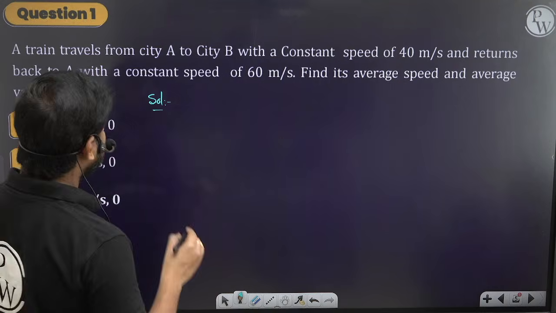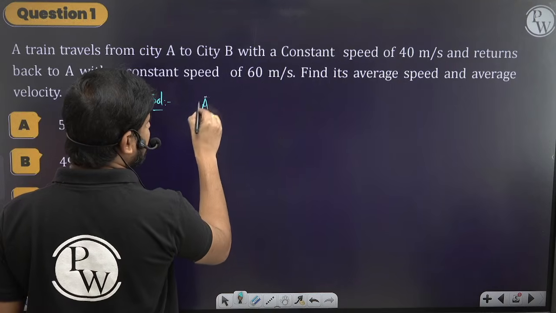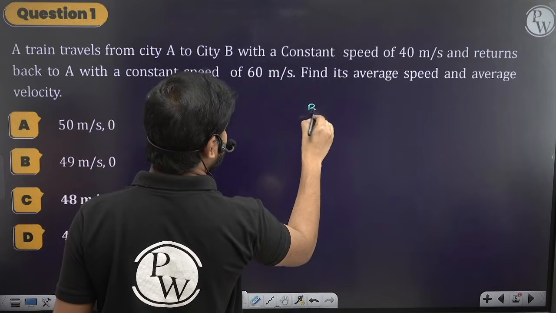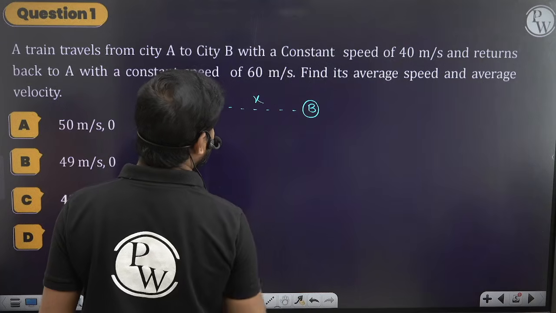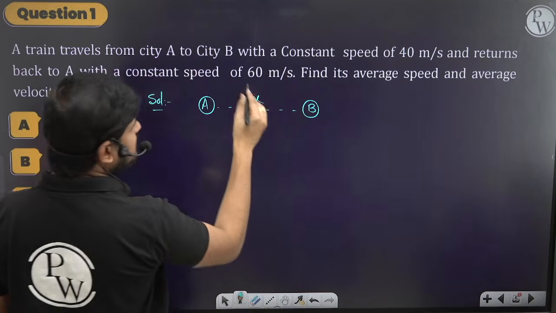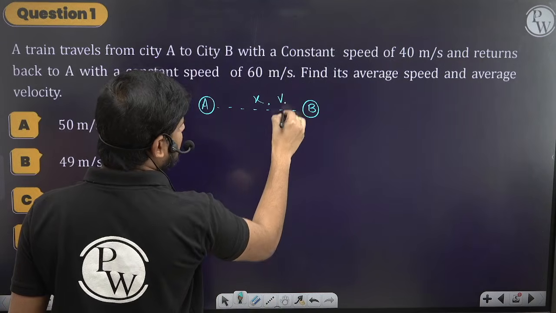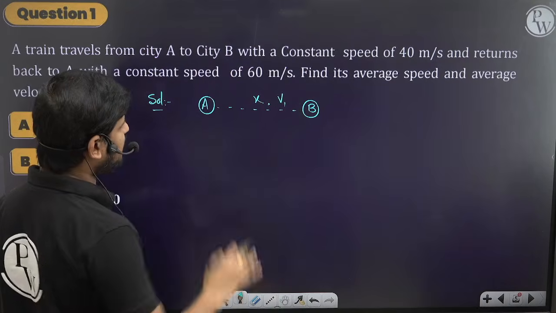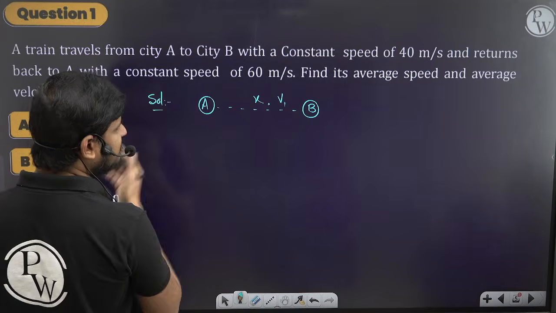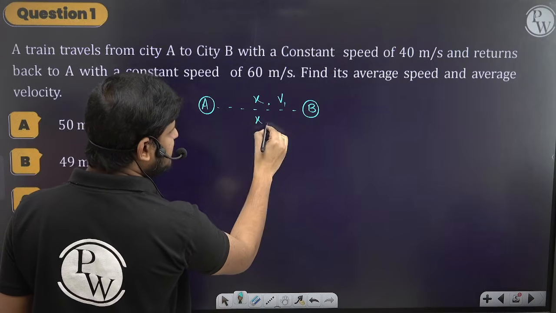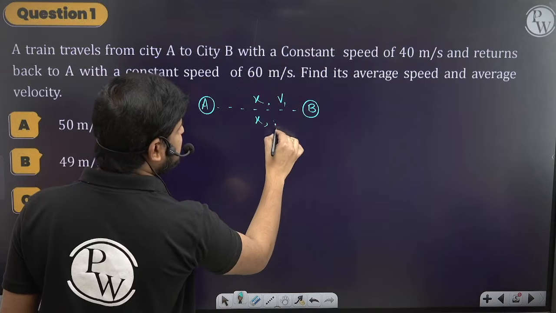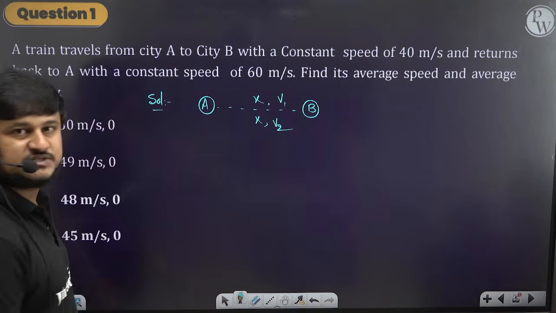See here. First a train starts from city A and then it moves to city B. Let the distance between these two cities be x. While going, the train is moving with a velocity v1. While returning, the distance is going to be the same, but it's maintaining a different speed, so let the speed be v2.